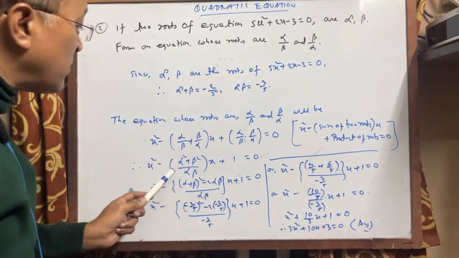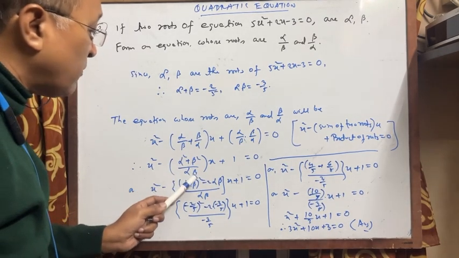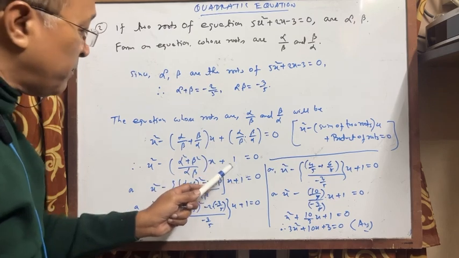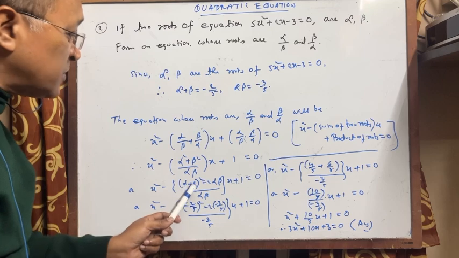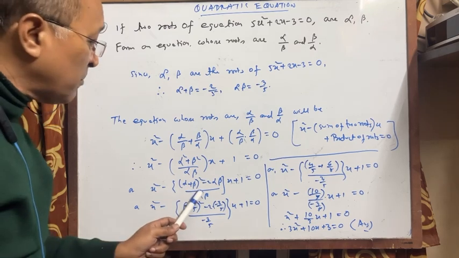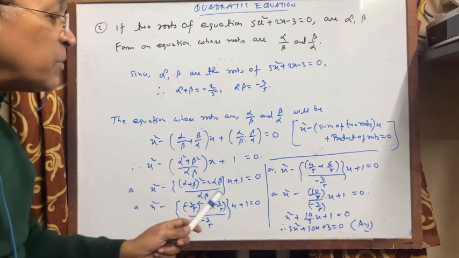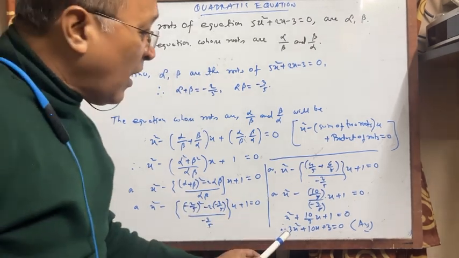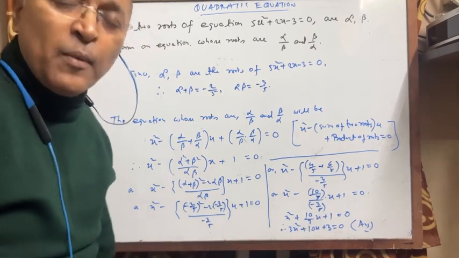It means x square minus, after calculation, alpha square plus beta square by alpha beta into x plus 1. All of you know that alpha square plus beta square is alpha plus beta whole square minus 2 alpha beta by alpha beta into x plus 1. After putting the values, and please do the calculation on your own, ultimately the answer is coming like this: 3x square plus 10x plus 3 is equal to 0.